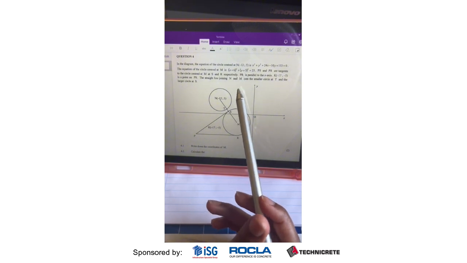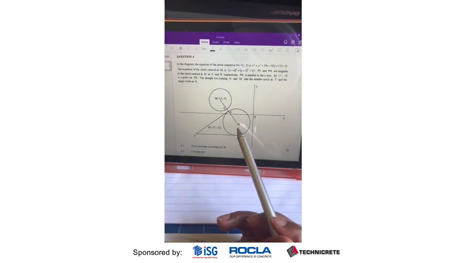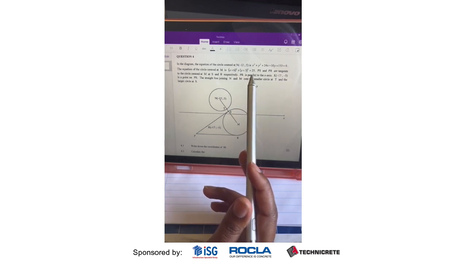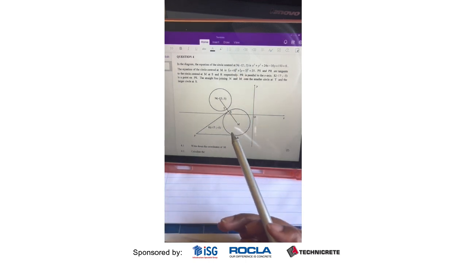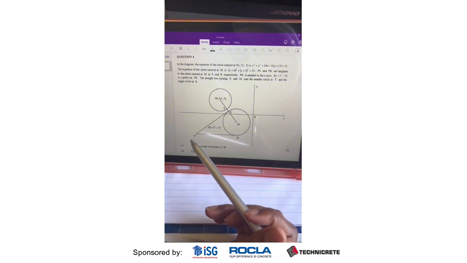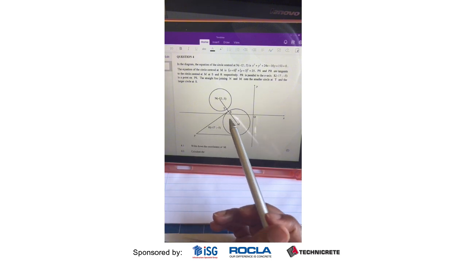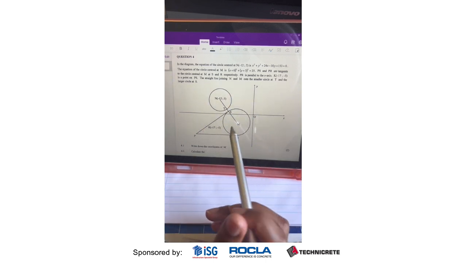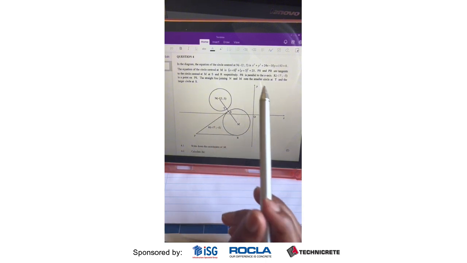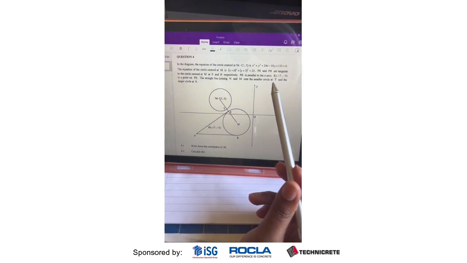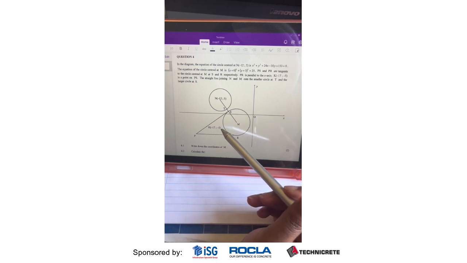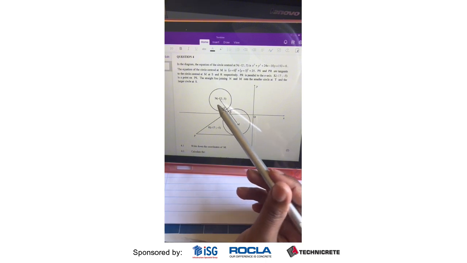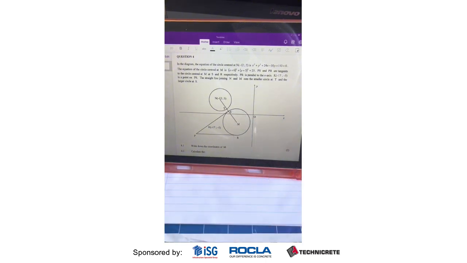They give us the coordinates of N. The equation of the circle centered at M is (x plus 6) squared plus (y plus 3) squared is equal to 25. PS and PR are tangents to the circle centered at M at S and R respectively. PR is parallel to the x-axis, K is (negative 17, negative 5), a point on PS, and the straight line joining N and M cuts the smaller circle at T and the larger circle at S.